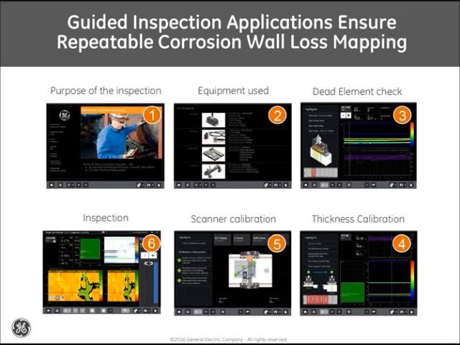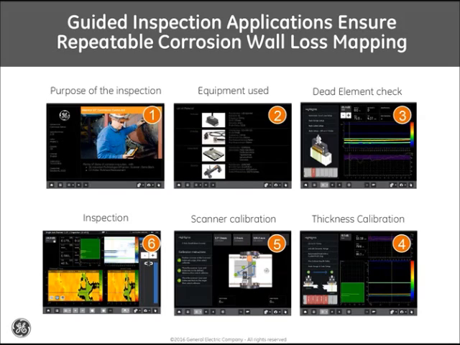Oftentimes, to set up, calibrate, and perform inspection with a corrosion array mapping system, it can be fairly complex. By using a guided inspection workflow installed directly on the device or on the array system, the inspector is guided through the critical steps to ensure a consistent inspection.